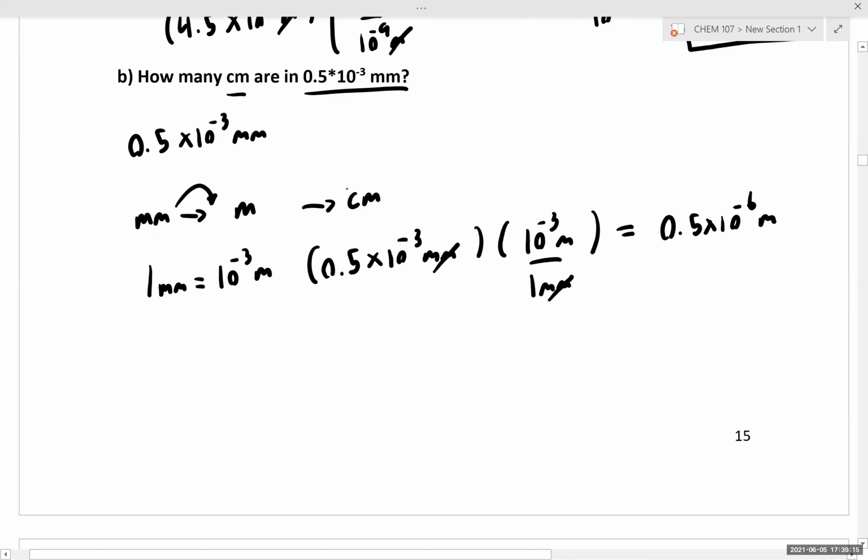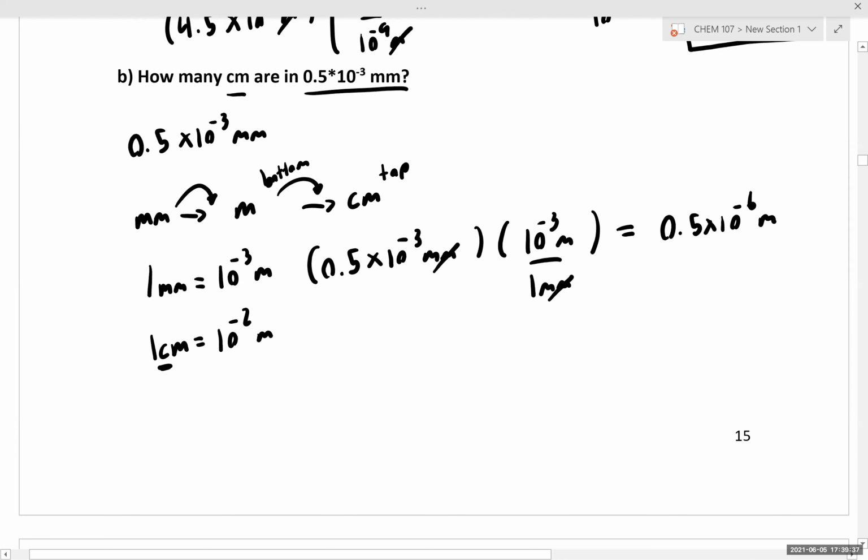Now to go from meter to centimeter, we're going to want centimeters on top and meters on the bottom. We know 1 centimeter, the centi prefix, corresponds to 10 to the negative 2nd meter. We're just replacing the prefix with the power of 10.